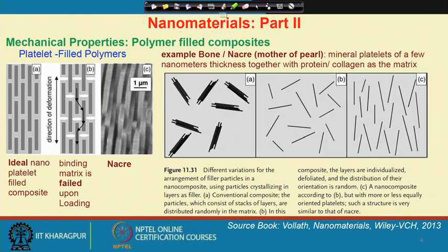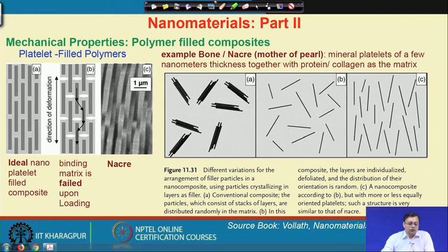Now, the second type of composite is called a platelet filled polymer. Here the second phase is basically platelet shaped. This is the ideal microstructure I have shown you, a nanoplatelet filled composite in a polymer matrix.